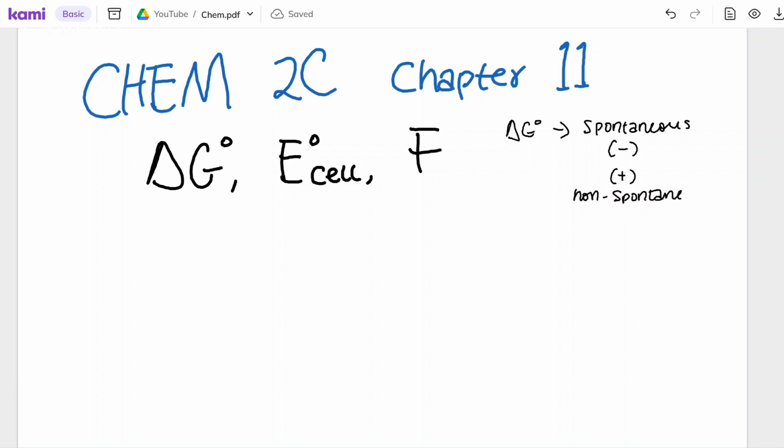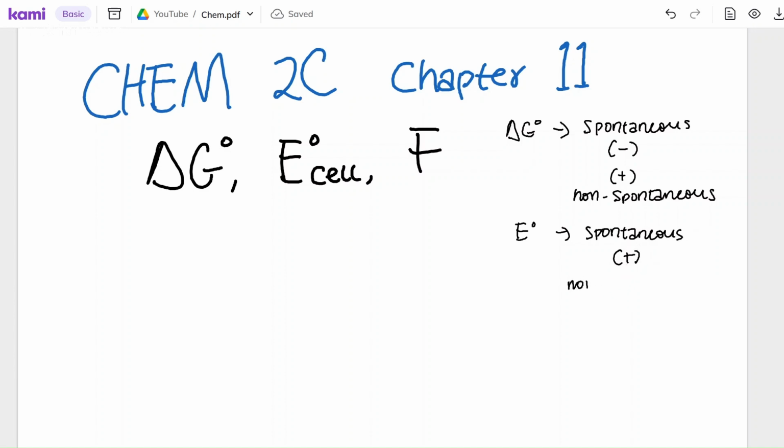And when it comes to standard E, so when it comes to Ecell, it's the opposite. For a cell to be spontaneous, the total standard potential has to be positive.